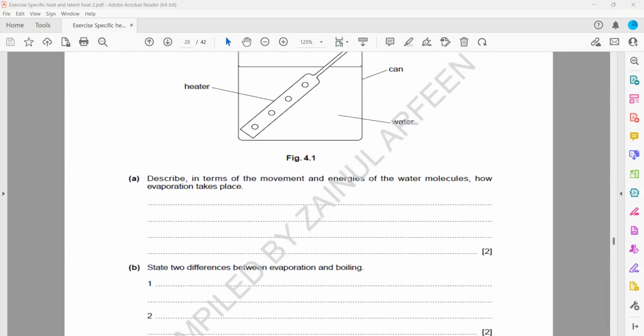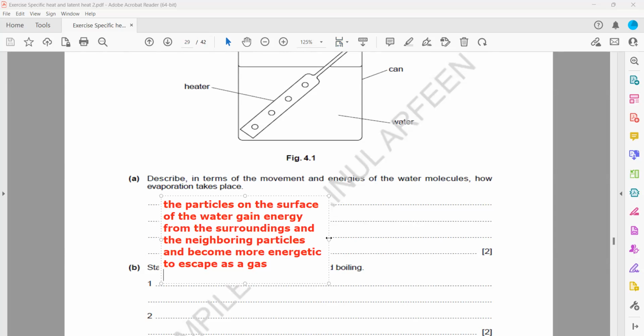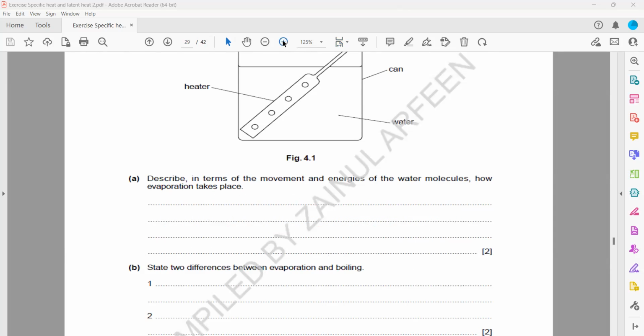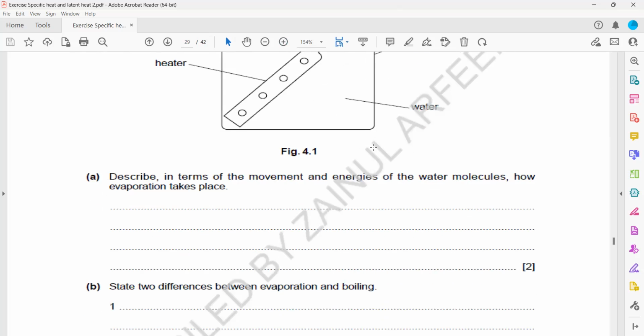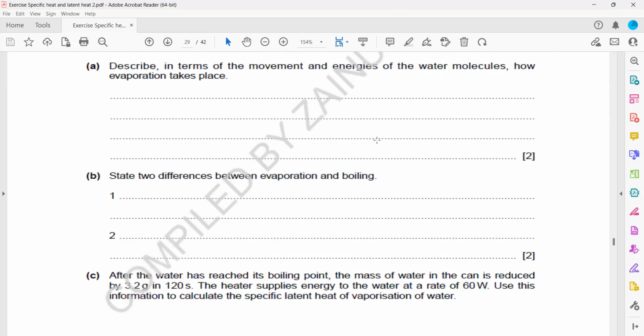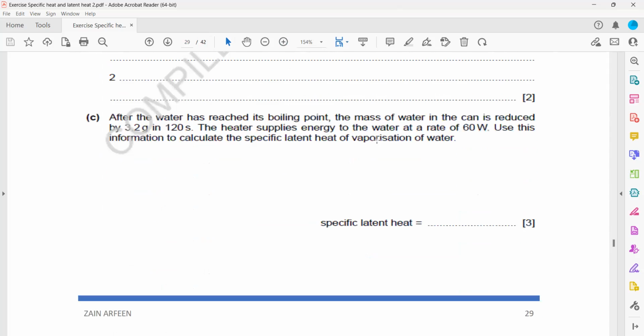Don't forget to mention breaking the intermolecular force, like breaking the attractive force between each other. How evaporation and boiling are different, as we already discussed: evaporation occurs at any temperature, boiling at a specific temperature; evaporation only at the surface, boiling throughout; evaporation has no bubbles, boiling has bubbles.